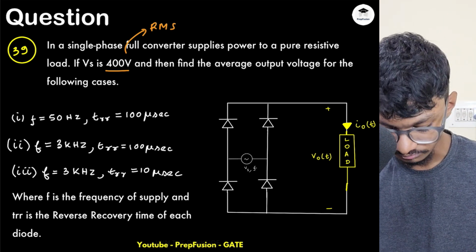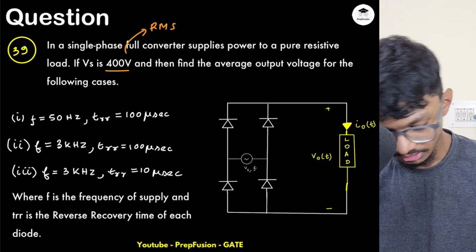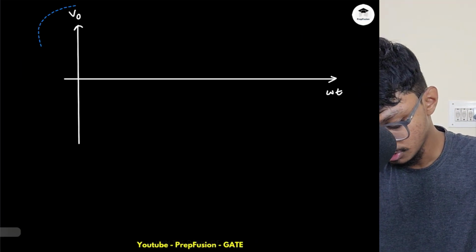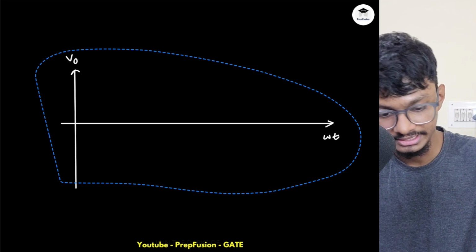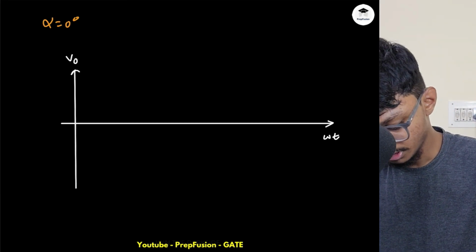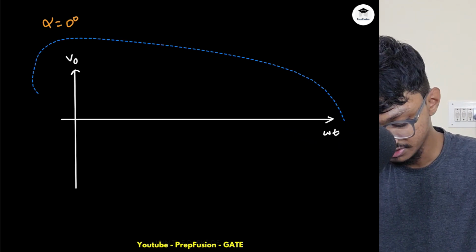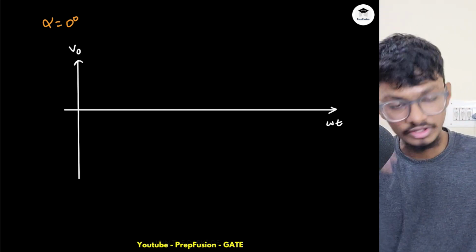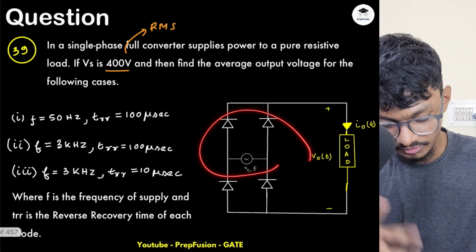Basically here my alpha is 0 because these are diodes. Let's say everything was ideal, alpha is 0. If there was no reverse recovery time, if this was an ideal converter, what would have happened?